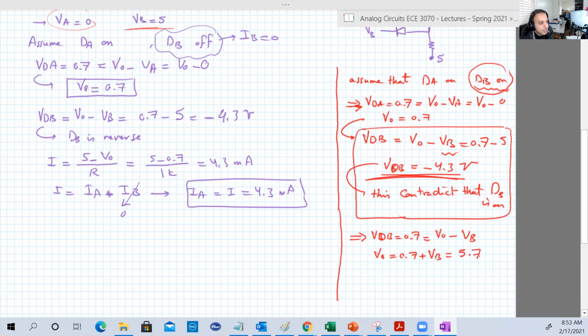How come you have the highest possible voltage in a circuit, which is the source, 5 volts, and you have a voltage that is higher than the maximum possible voltage?